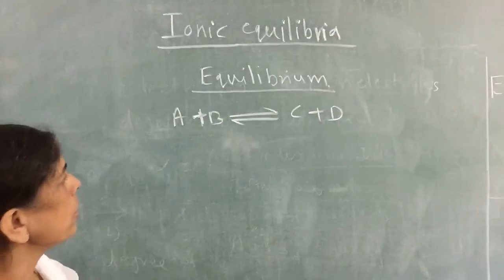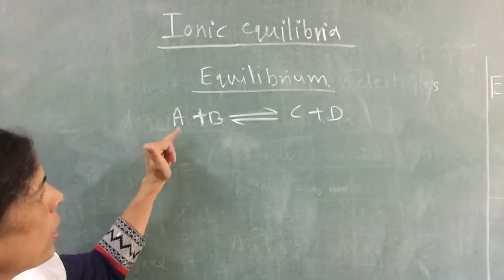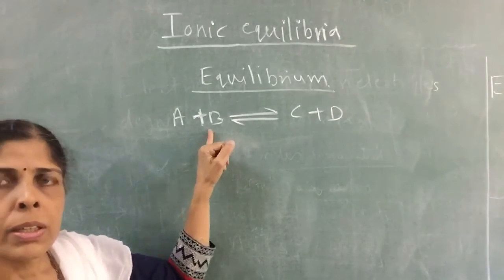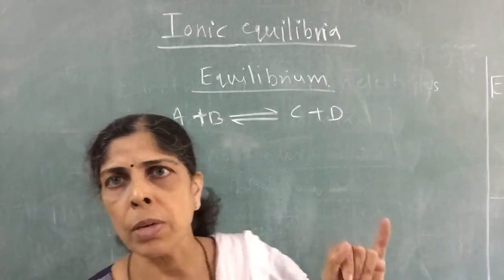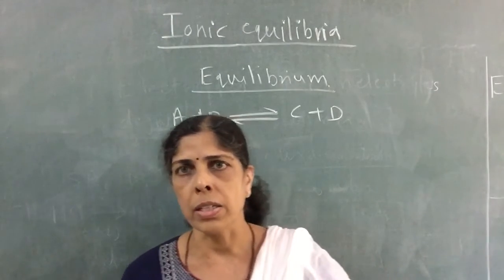Now see, in the beginning we have A and B with us. Rate of any chemical reaction depends upon the concentration of reactants.